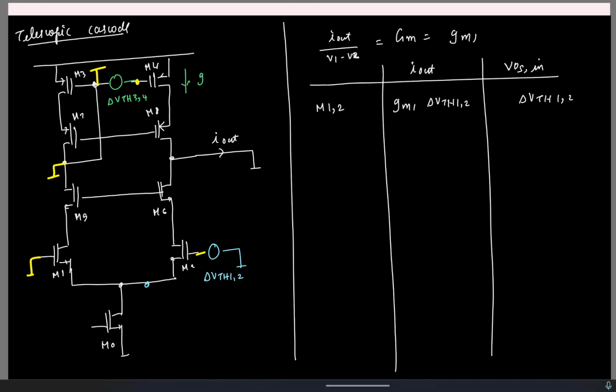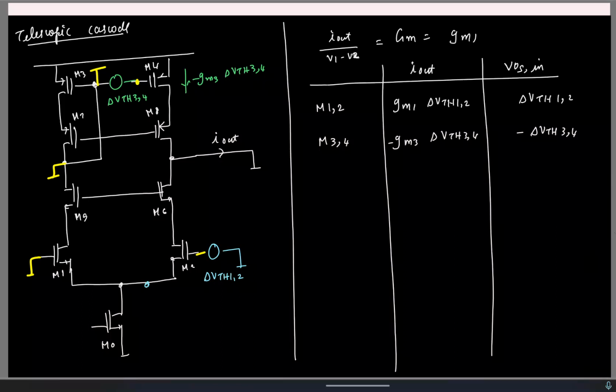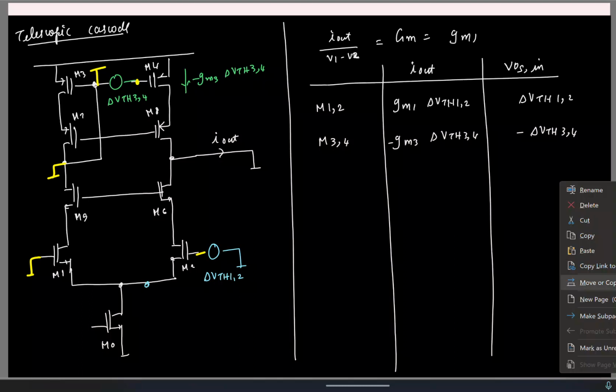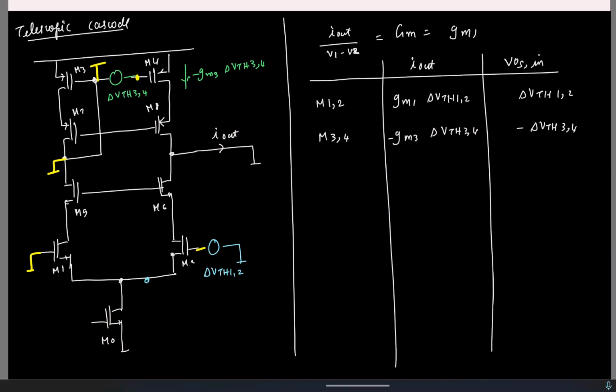The current flowing will be minus GM3 times delta VTH34. Okay. So now let me look at the other guys.